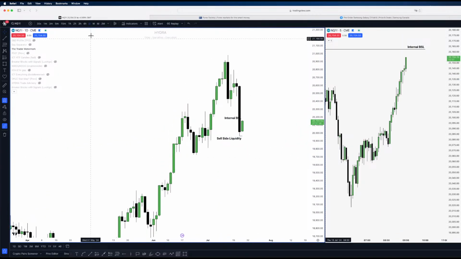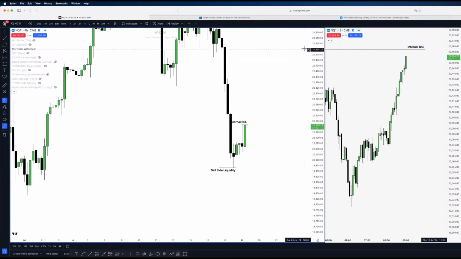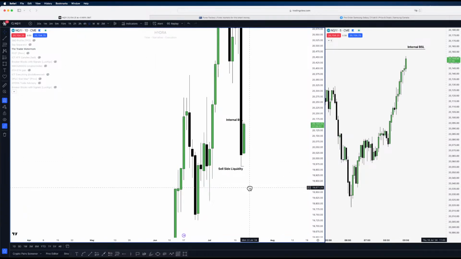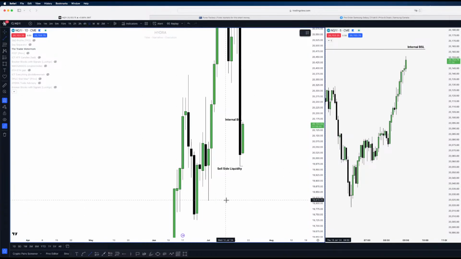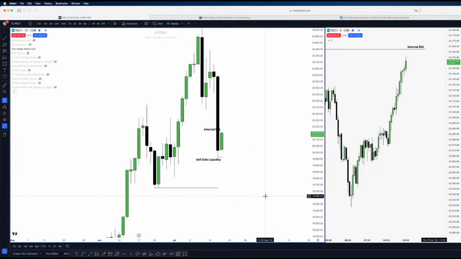All right, so 4-hour chart, gonna expect to see a rejection from here, and I think we're gonna be bearish. If we don't see any bearish delivery today, very likely it will happen tomorrow.